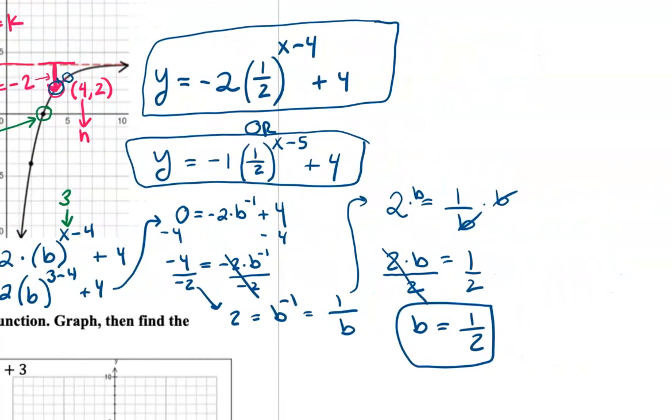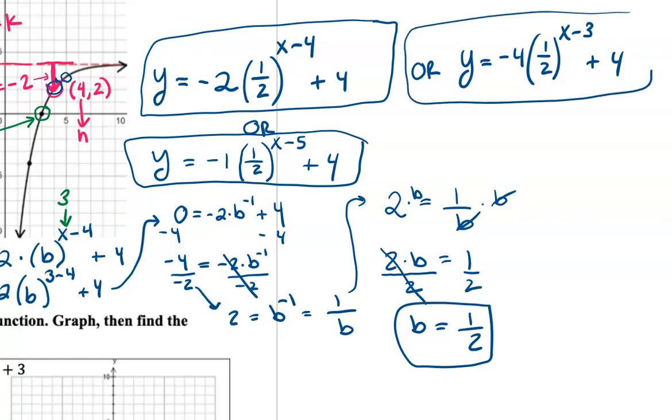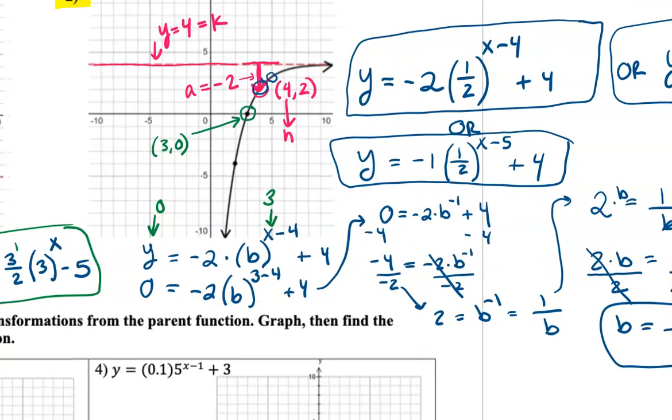Or another option is you could have used a as -4, and then your h value would have to be x minus 3. And then your k value would have to be 4. So all of these different variations are all possibilities. They are actually all equivalent to each other. If you typed them each into Desmos, they all would give you this exact same graph.